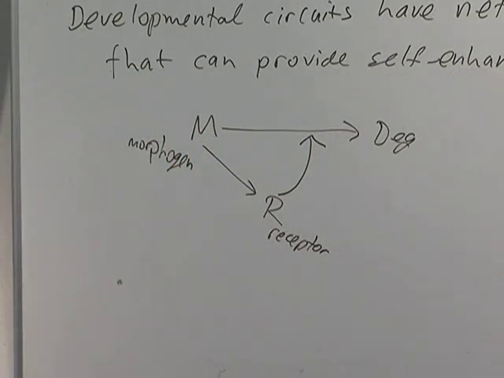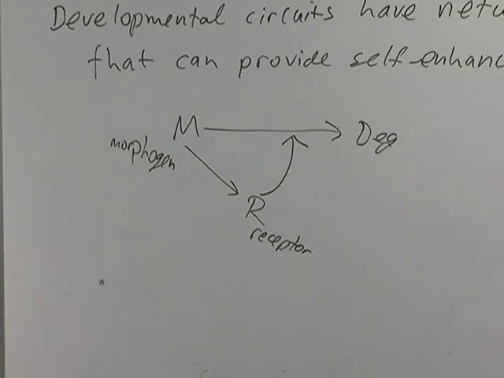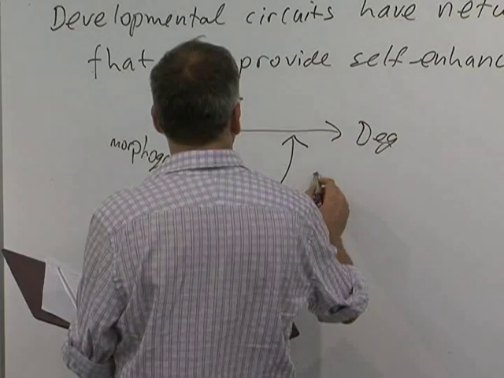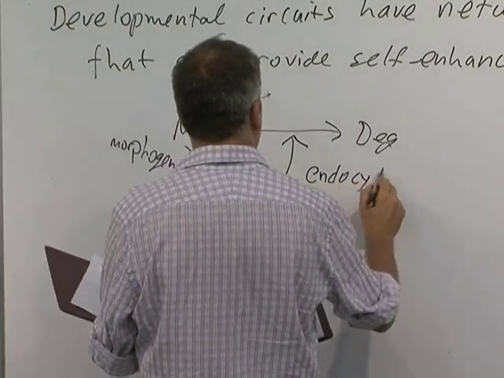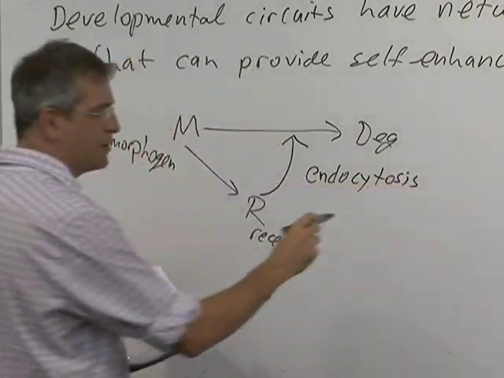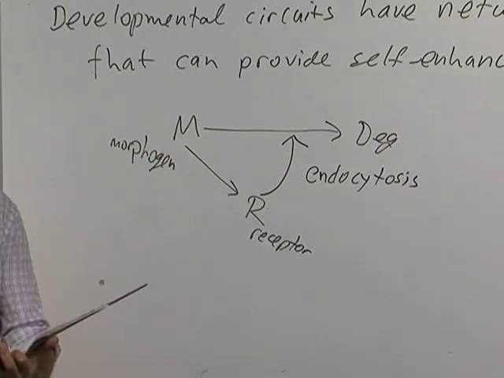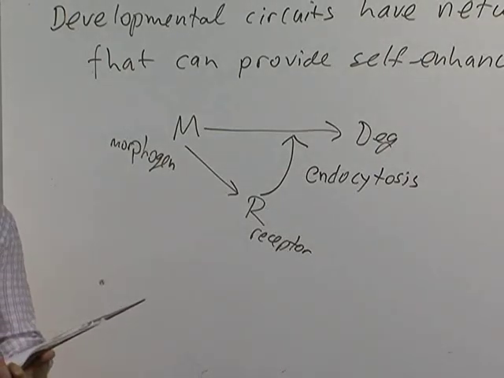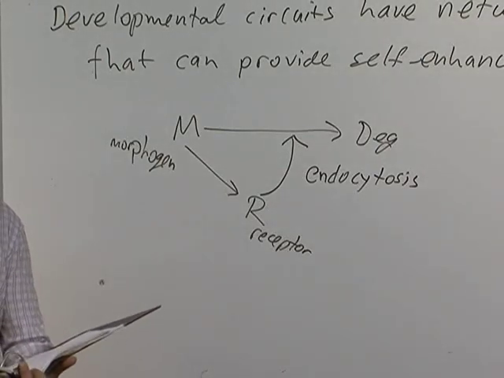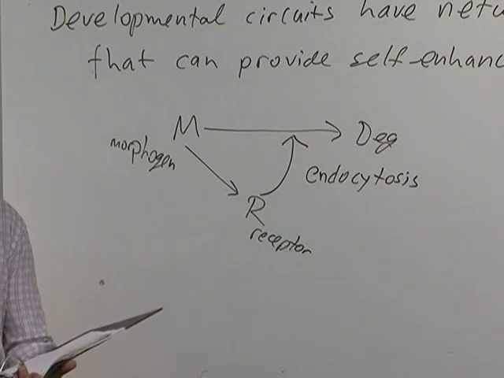It binds and sticks to the receptor, and then the receptor is internalized by the cells and degraded inside the cells together with the morphogen. This is called endocytosis, the biological word for this process of taking the receptor together with its morphogen.